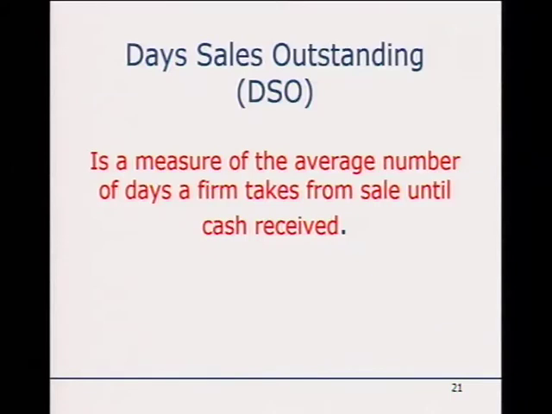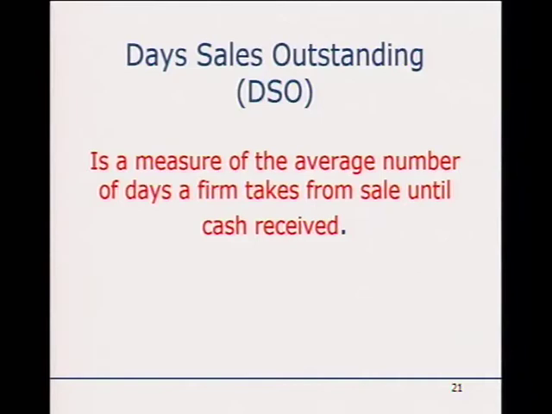Okay. Then the other ratio that I will be looking at today is days sales outstanding. What do we mean? Days sales outstanding. From the time we make a sale, it means people owe us money, that is if we have sold on credit.